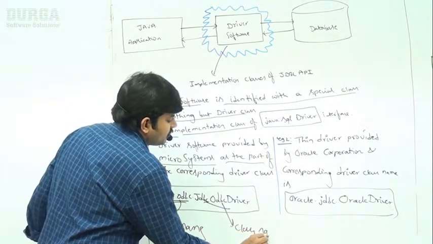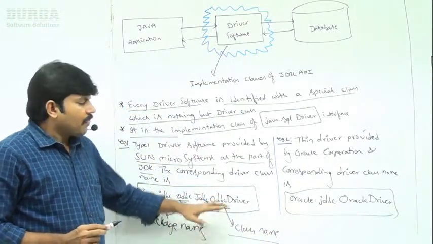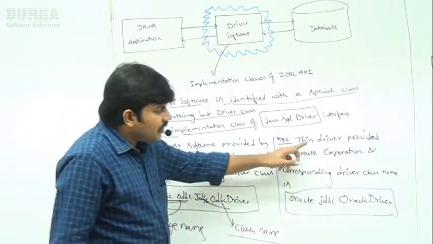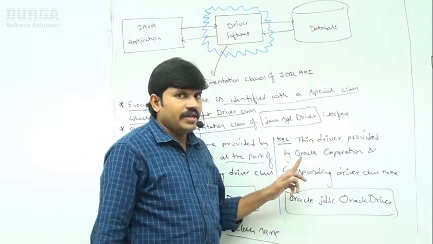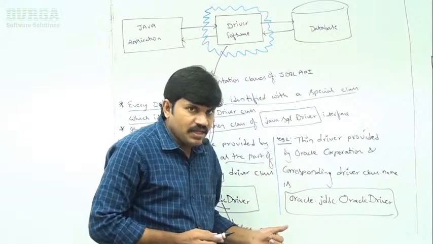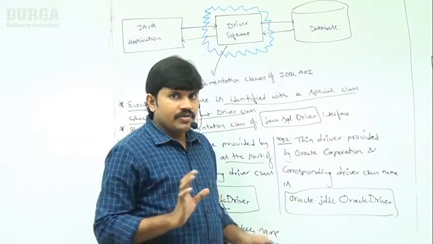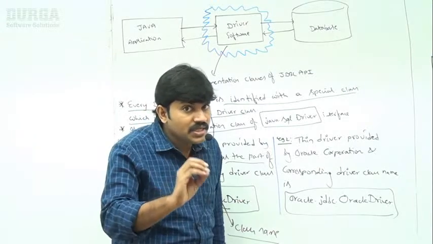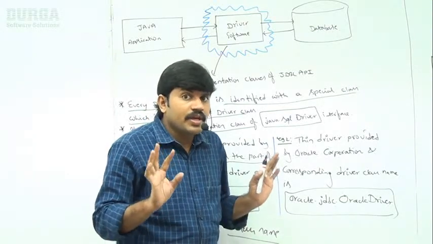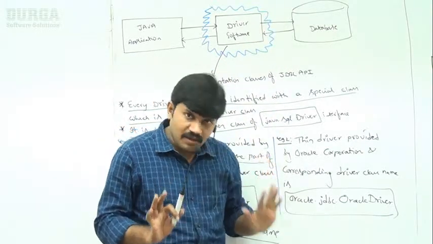Remember this. Similarly, the thin driver is provided by Oracle Corporation, and the corresponding driver class name is oracle.jdbc.OracleDriver. Everyone can able to understand, right? This is what you people should be clearly aware of: what is the driver software, and what is the driver class?